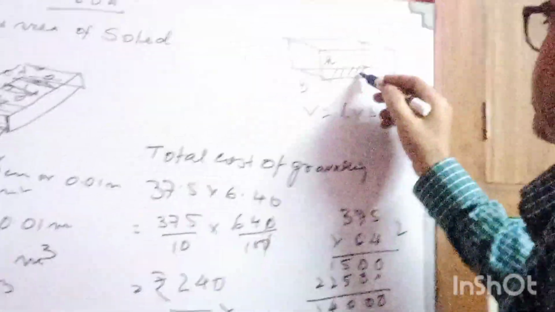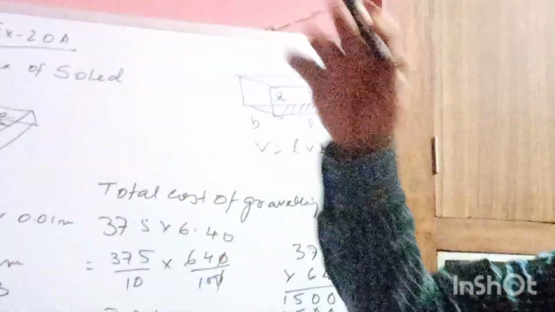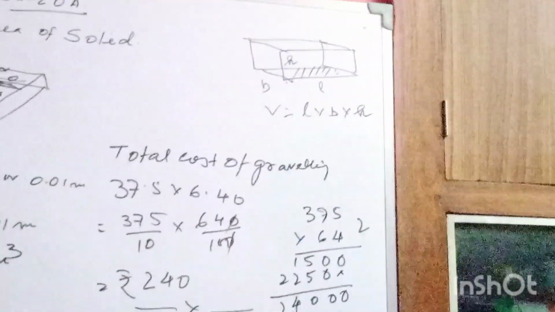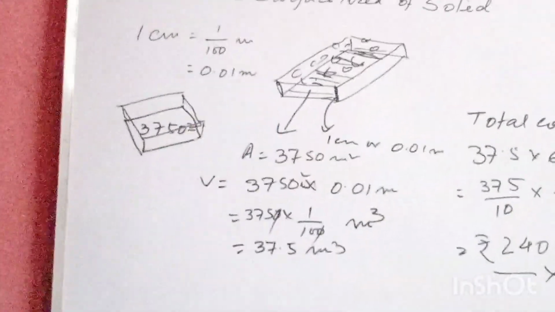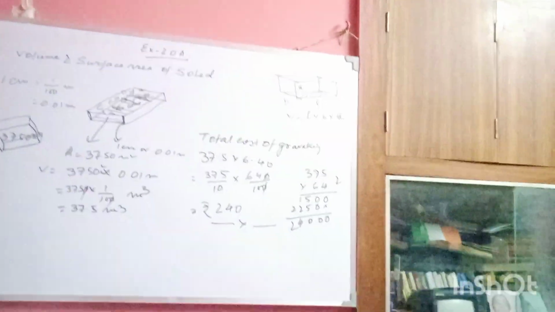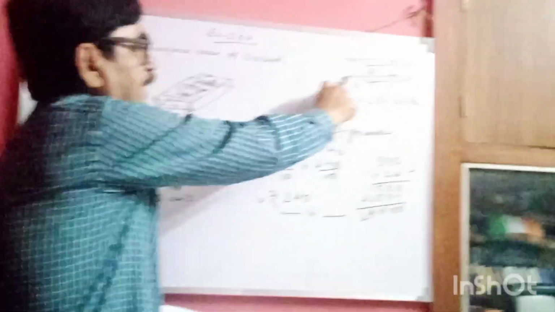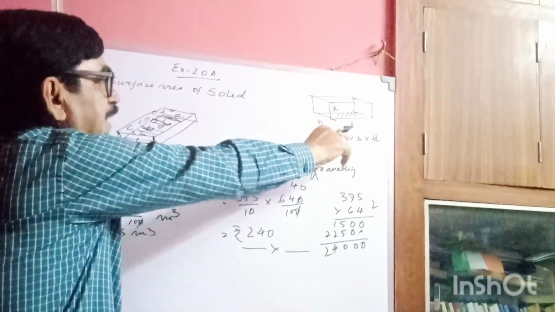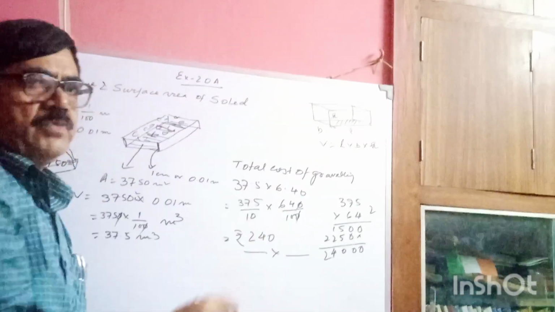First we have to find out the surface area. This room is also like a cuboid. It has a length, a breadth and a height, and the length into breadth into height is the volume.